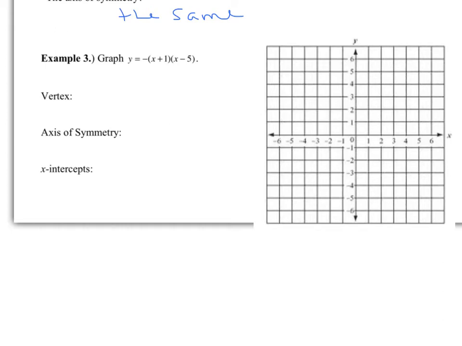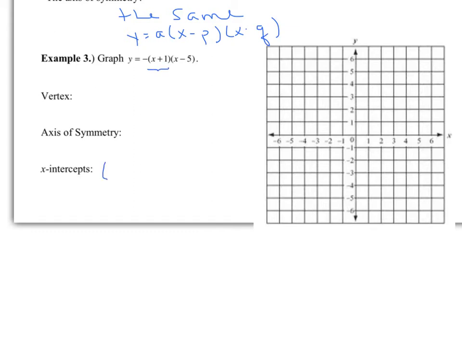So let's go ahead and just write this general form of intercepts up above. So our p-value is x minus p, but this says x plus p, so that means that this one right here would have a p-value of -1.